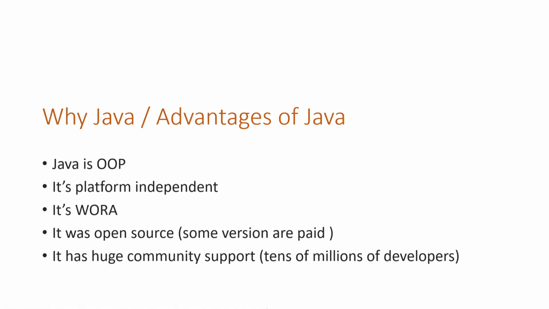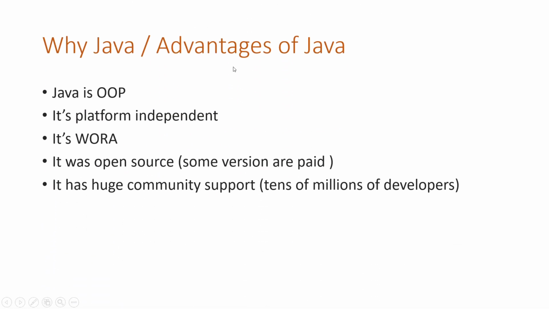Now, let's look at some features or advantages of Java. As I mentioned earlier, it is OOP, an acronym for Object-Oriented Programming. It is platform independent. It is WORA, which stands for write once, run anywhere.